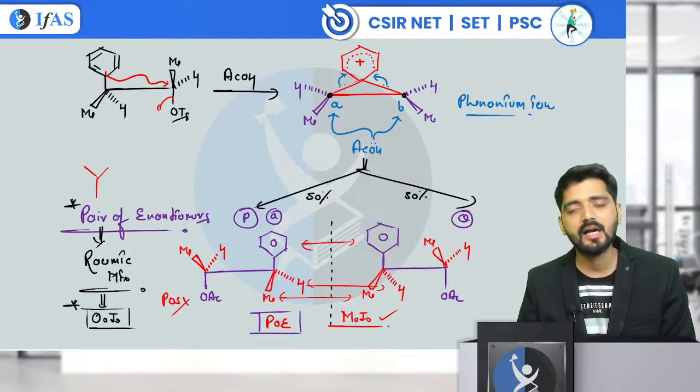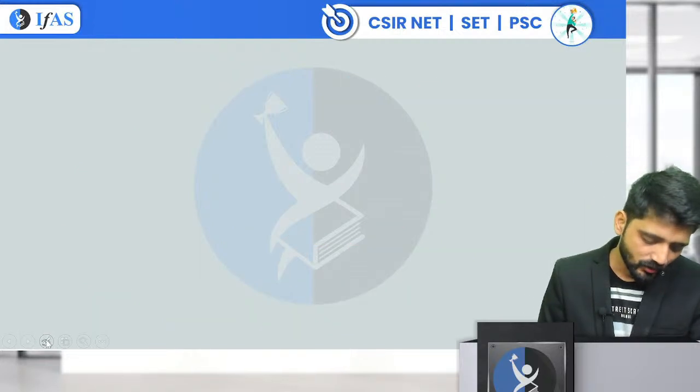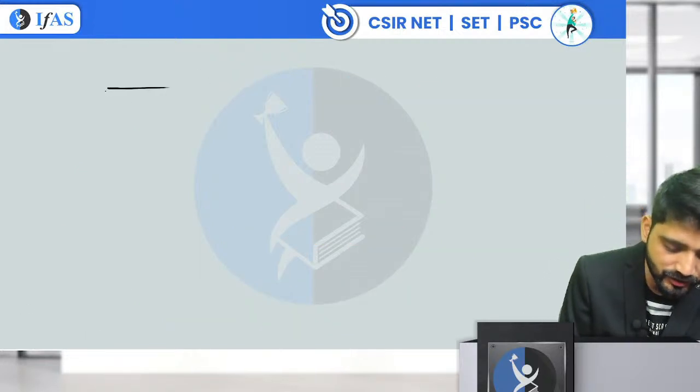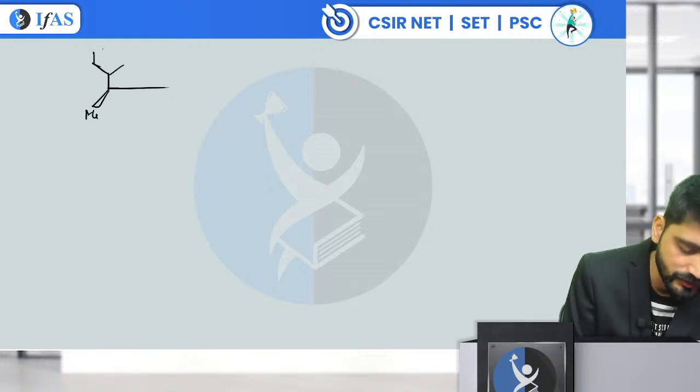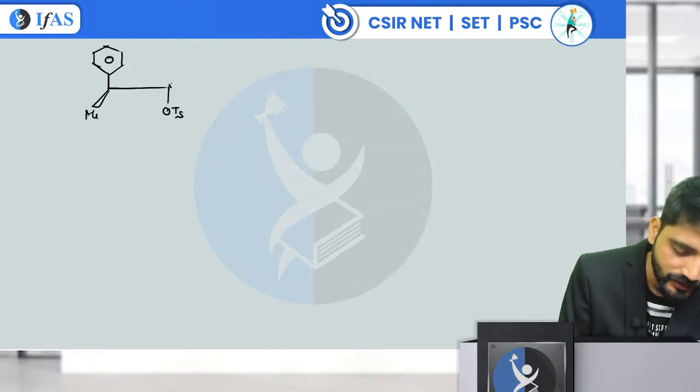Now let's take another scenario. I will give you 2 minutes to solve this question, and you need to tell me the relationship between the two products if I just change the stereochemistry in the starting material. Let's suppose I have an OTs center. In this scenario, I have a methyl below the plane here and a hydrogen above the plane here.